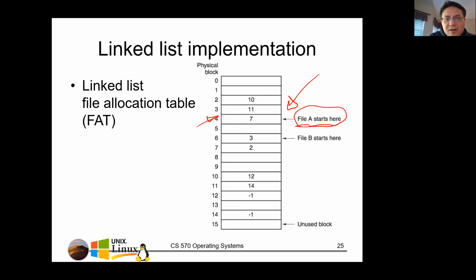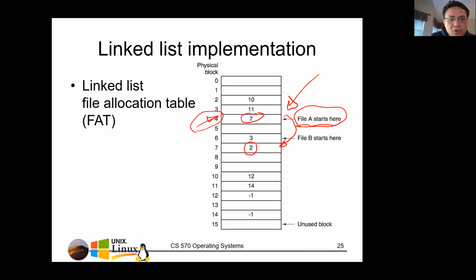What does the entry at index 4 remember? It remembers the next block number. The next block is 7. So it remembers 7, and then you go to the 7th entry in this table. Then you find the next block number would be 2. Again, each entry remembers the physical block number.